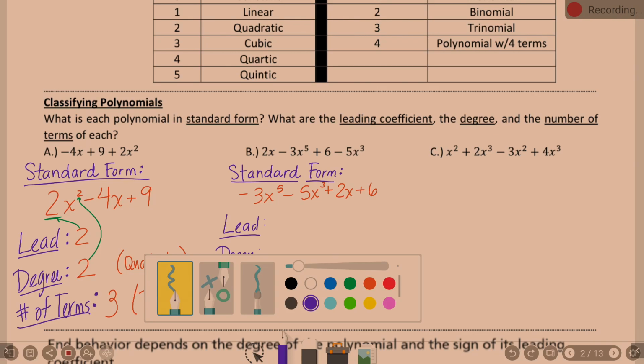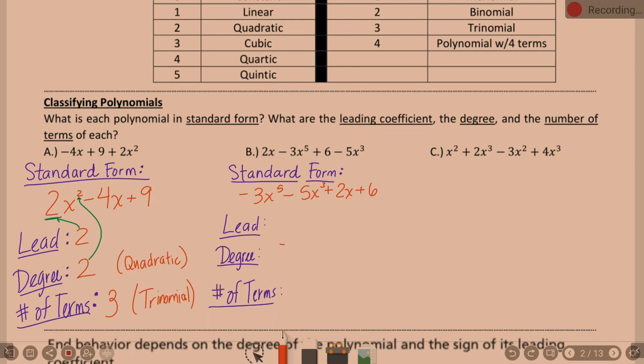So we have a degree of 5. If we're going to give a name to that, a degree of 5 is what? Quintic. What's my leading coefficient? Leading coefficient is negative 3 because it's the number out front of the degree of 5, yes?